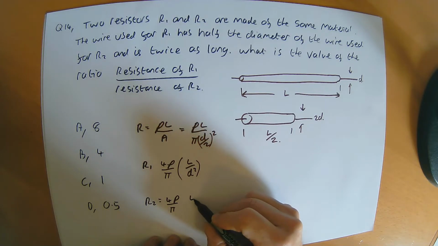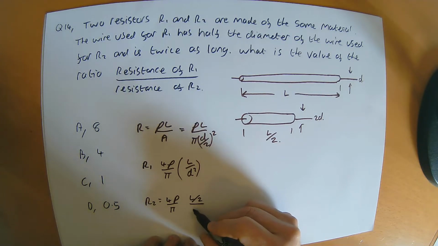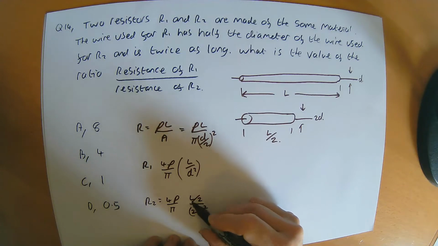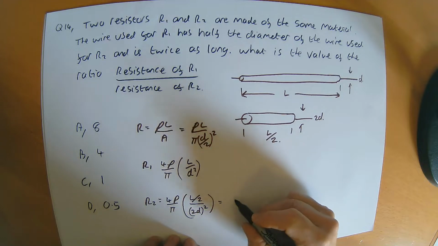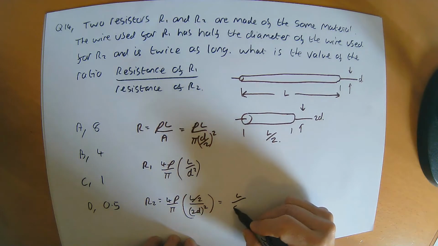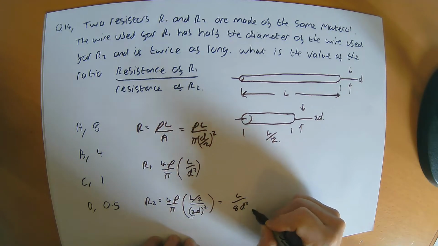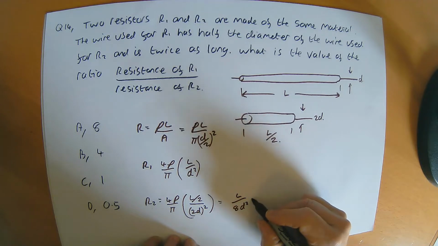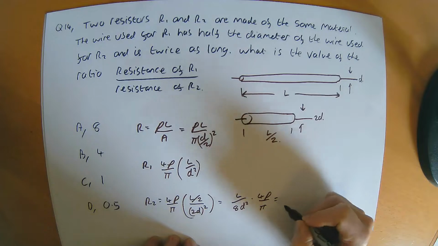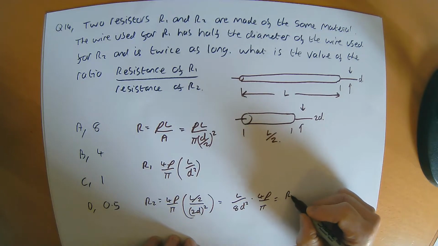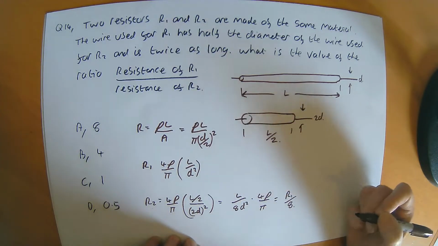times L over (2D) all squared, and that's equal to L over 8D squared times the constant, and that's equal to R1 divided by 8.